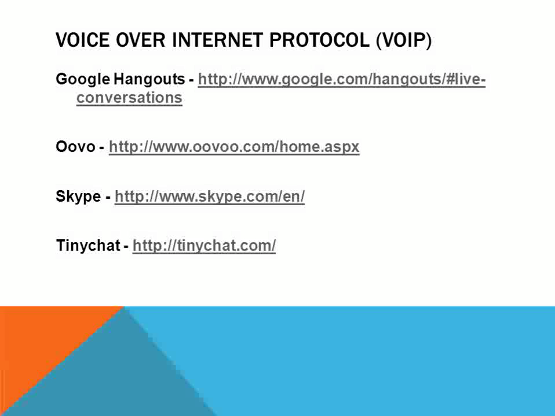Voice over IP, or voice over internet protocol, allows audio to be transmitted, encoded and decoded at the other end, transmitted over the internet or over a network so that one can communicate using audio and in many cases video in an online environment.